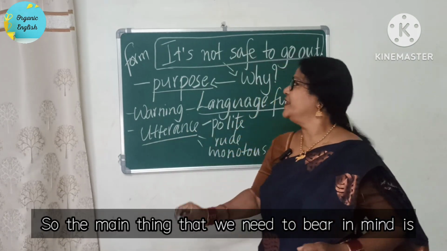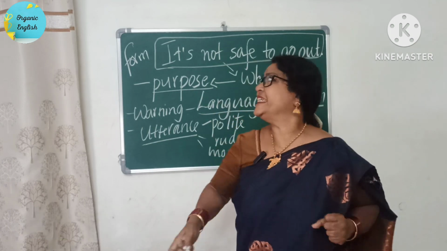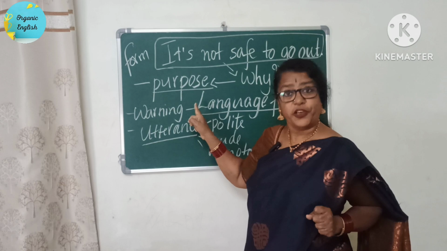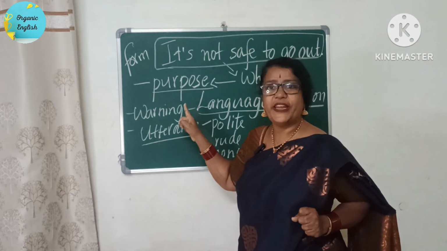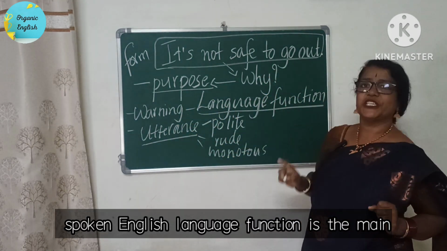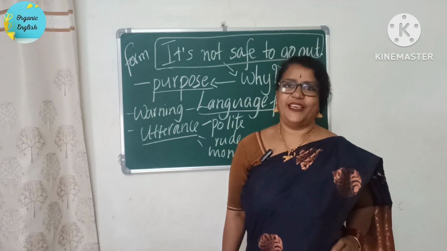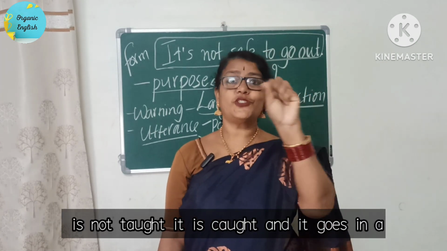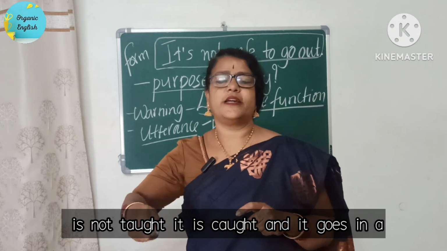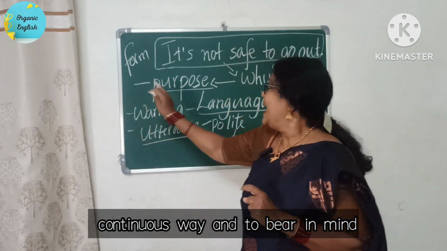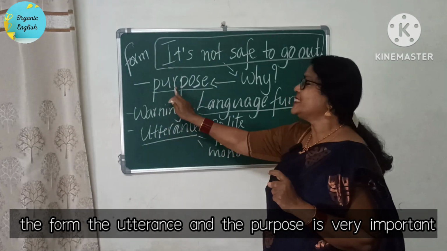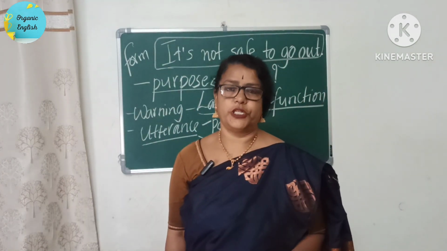So the main thing that we need to bear in mind, for speaking a language, in another way spoken English, is that language function is the main thing. That is what we say. Language is not taught, it is caught, and it goes in a continuous way. And to bear in mind, the form, the utterance, and the purpose are very important.